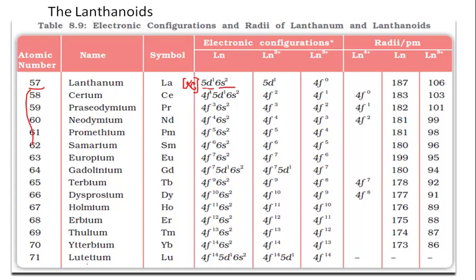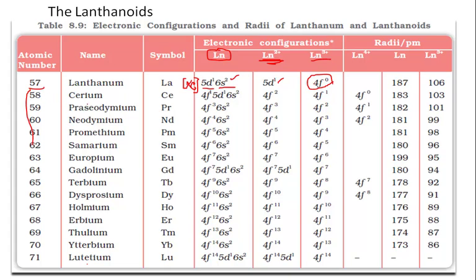Then for lanthanum, if 2 electrons are removed, it's obvious that the electrons will be removed from 6s. So in the +2 oxidation state, the electronic configuration will be 5d1. And do remember, we are using this symbol Ln, the general symbol for all the lanthanoids. In the same manner, if the +3 oxidation state is there, then 3 electrons are removed, and hence lanthanum becomes stable as it acquires the electronic configuration of xenon. So +2 and +3 oxidation states are given.